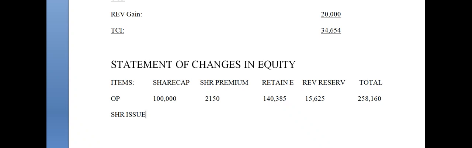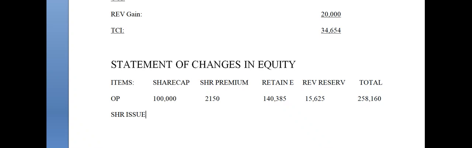12 million. So now, once there is this share issue, if you check the trial balance, we were told that the ordinary shares are 1 naira each.